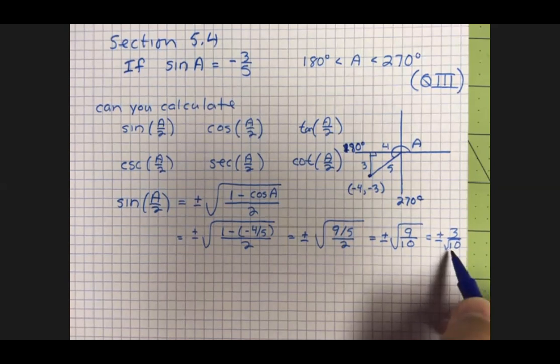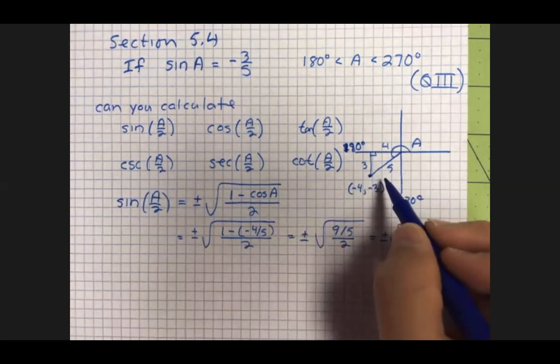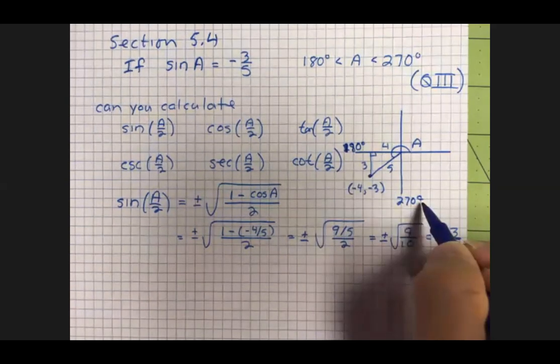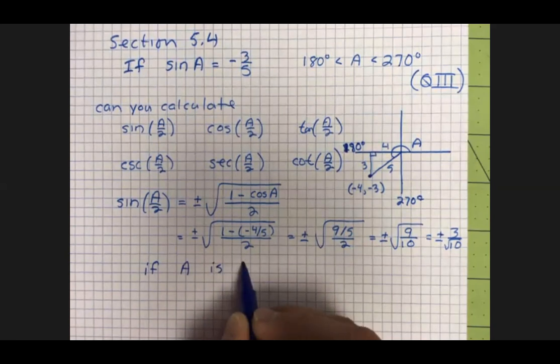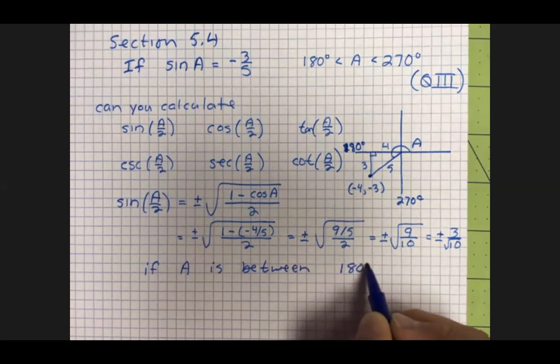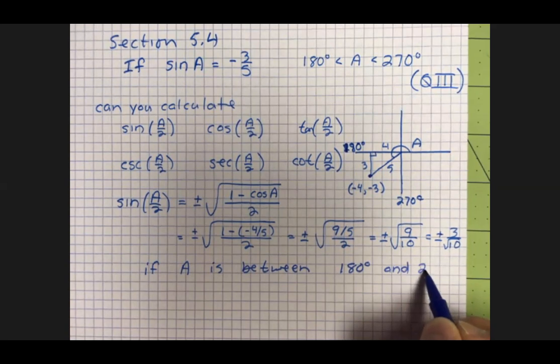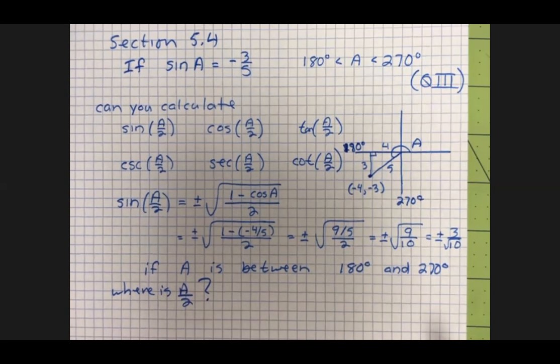Now let's think about whether this should be positive or negative. Let's think about where the angle A is. Angle A is between 180 and 270. So if A is between 180 and 270, where is A over 2? Well, it's got to be between half of 180 and half of 270.